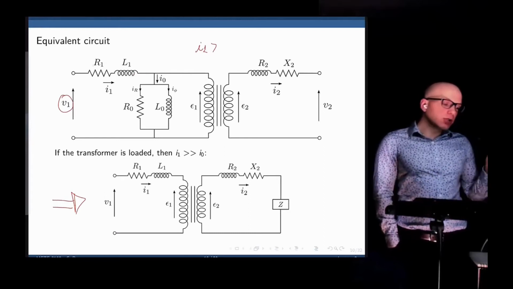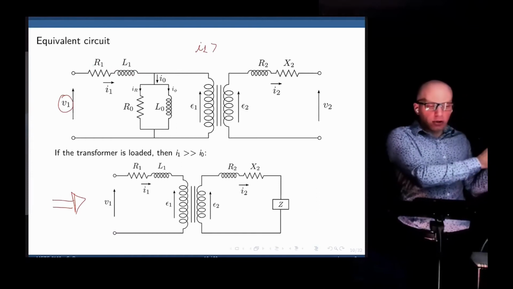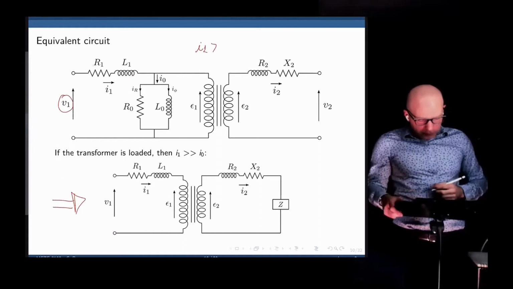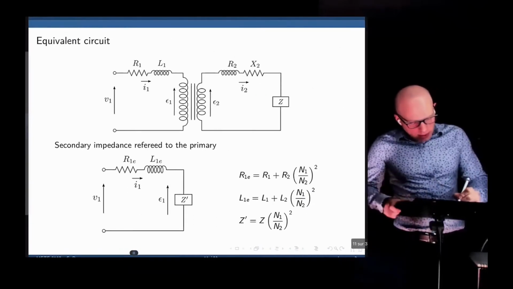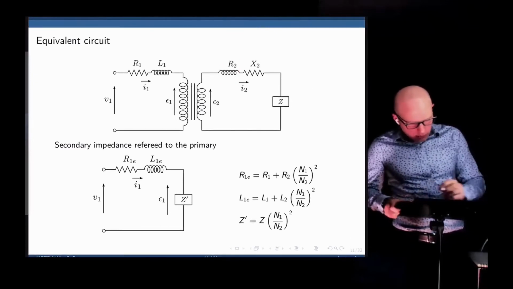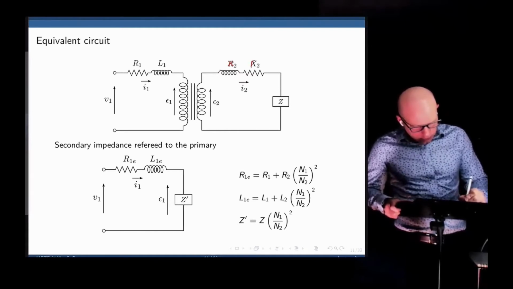And now, based on the impedance transfer that we saw before, we can take the impedance from the secondary winding and move everything to the primary winding. Like this. I think this is flipped. This should be X2, and this should be R2.